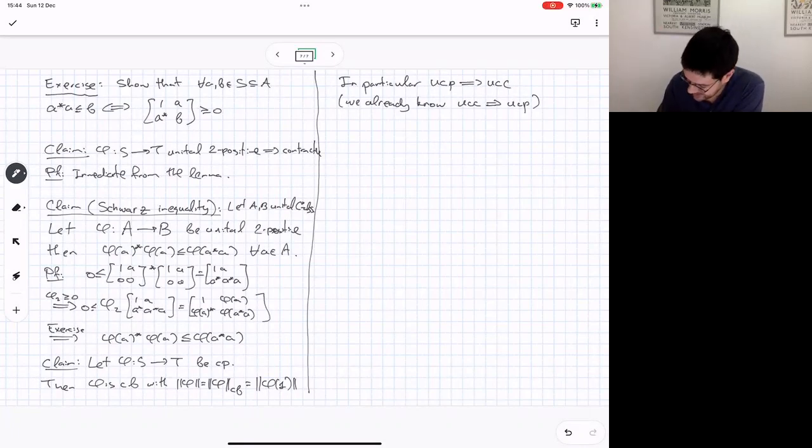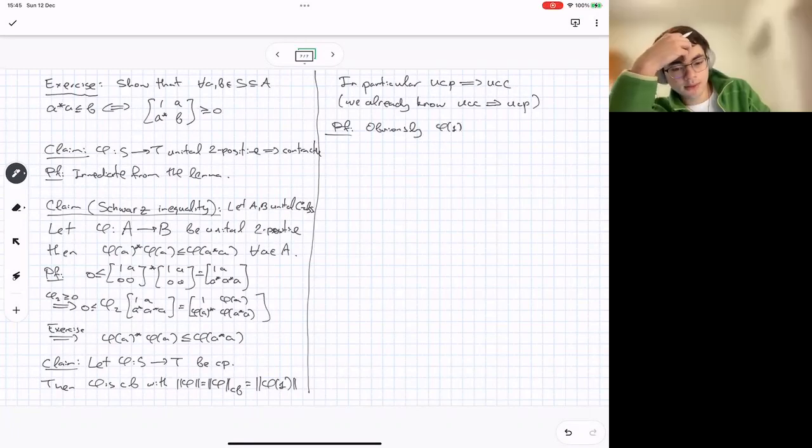Anyway, proof of the claim. We more or less have everything in our hands. So this leaves the question: there are completely bounded maps which are not completely positive, without assuming unital, or not?